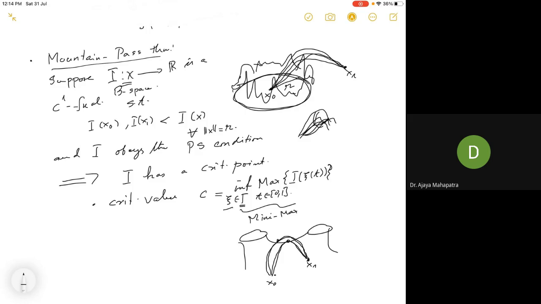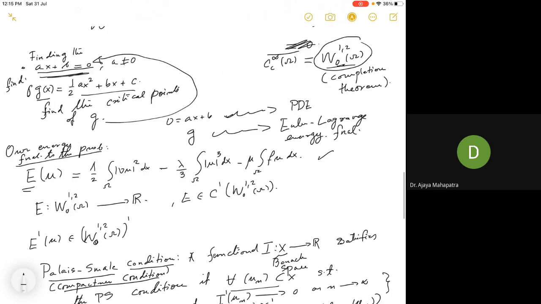You keep on choosing its maximum. Then you choose the minimum of these. So you get a saddle point kind of structure. So the critical point which you end up getting by the mountain pass theorem is actually the saddle point of the functional E. But what we all need is a critical point. We don't care whether it's a maxima, minima, or a saddle point, but all we need is a critical point for this problem to have a solution.